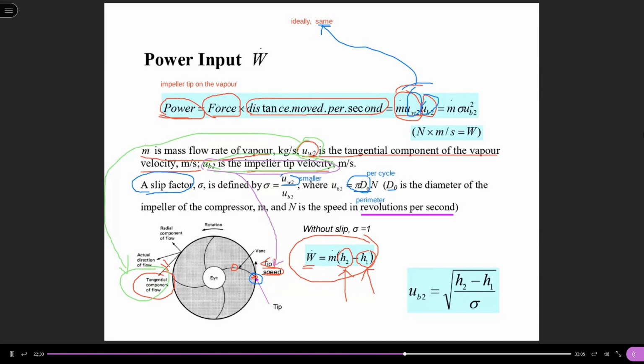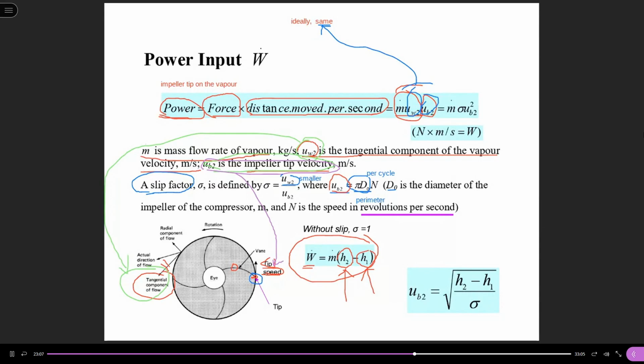Then times n, where n is the speed in revolutions per second. So if we know the geometry design of the compressor and also the compressor speed, then we can calculate the impeller tip speed.